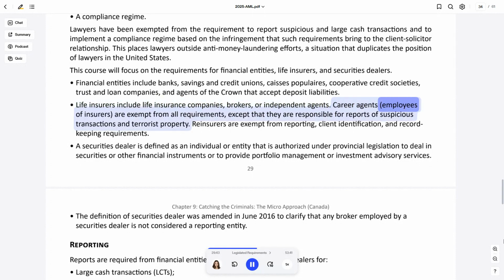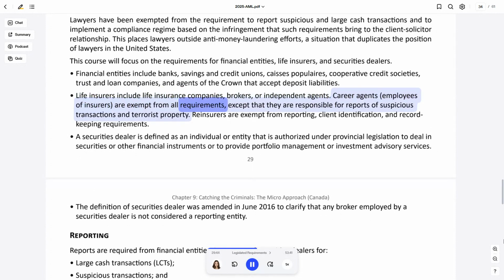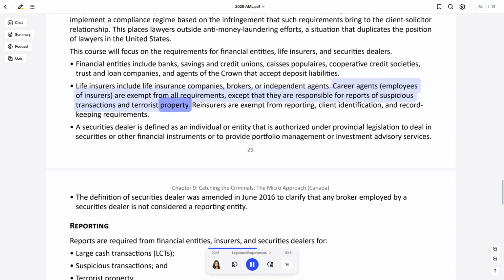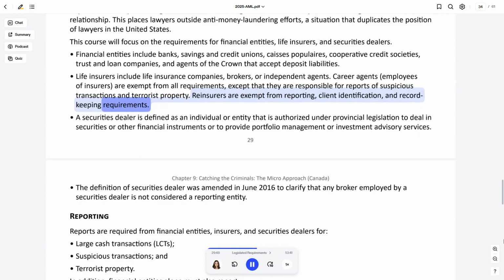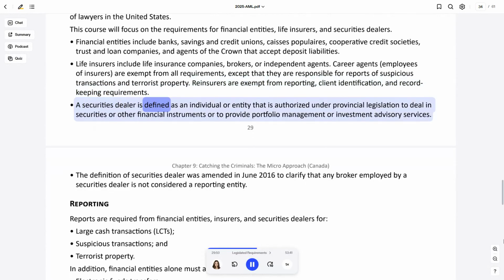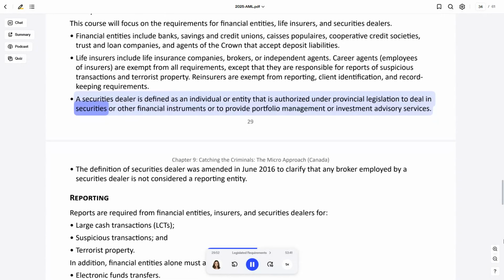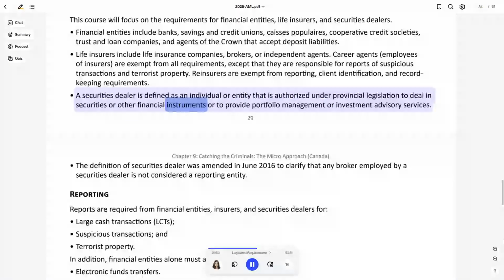Career agents, employees of insurers, are exempt from all requirements, except that they are responsible for reports of suspicious transactions and terrorist property. Reinsurers are exempt from reporting, client identification, and record-keeping requirements. A securities dealer is defined as an individual or entity that is authorized under provincial legislation to deal in securities or other financial instruments, or to provide portfolio management or investment advisory services.